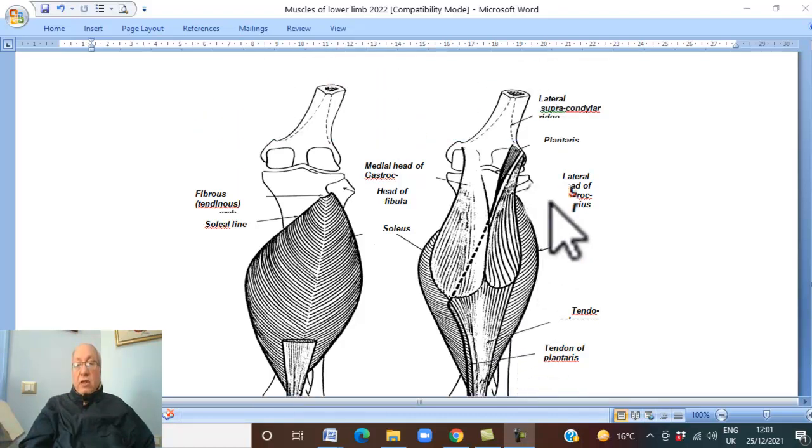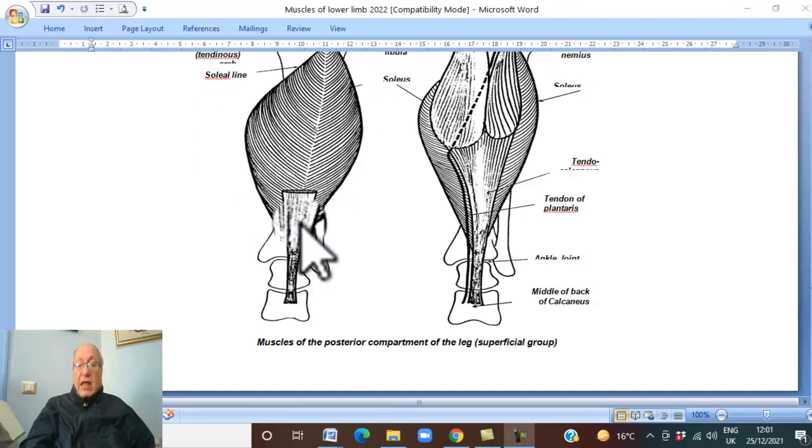Only gastrocnemius and plantaris pass behind the knee joint. Therefore, they will help in flexion of the knee, but with weak action. While soleus has no action on the knee joint, its action is on the ankle joint only.